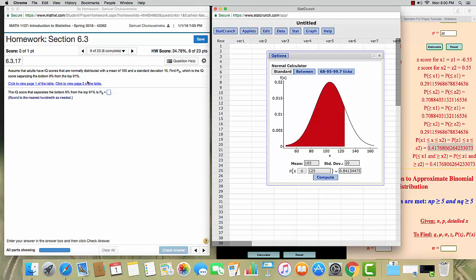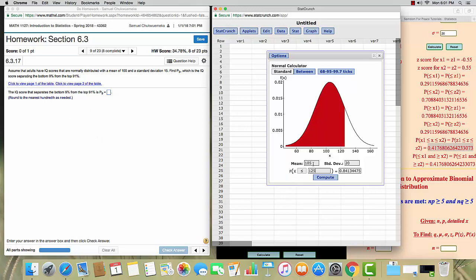So either way, they're asking for the variable score, the IQ score. I'm going to show you either way, and it will give us the same result anyway. So we use less than 9% to the left or 91% to the right. It gives us the same answer.